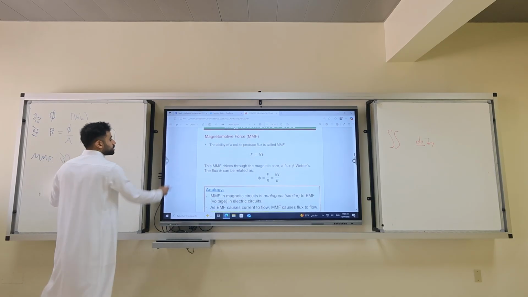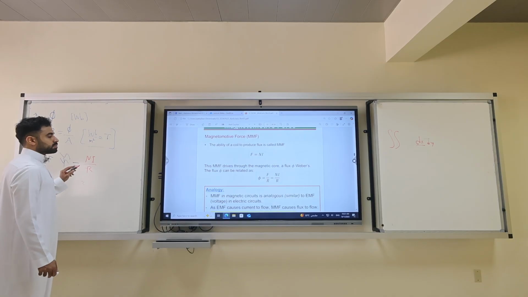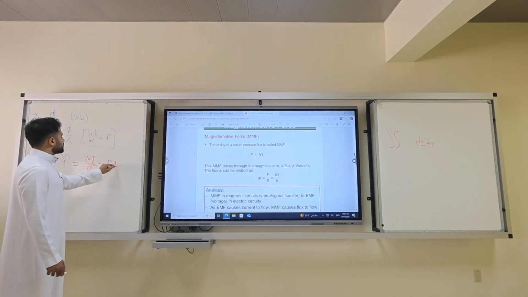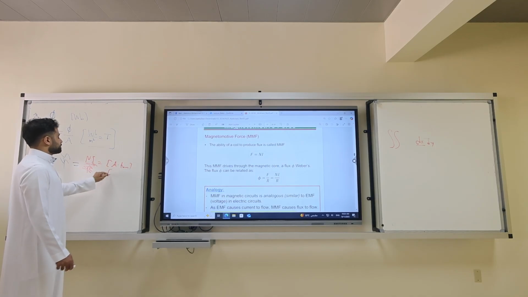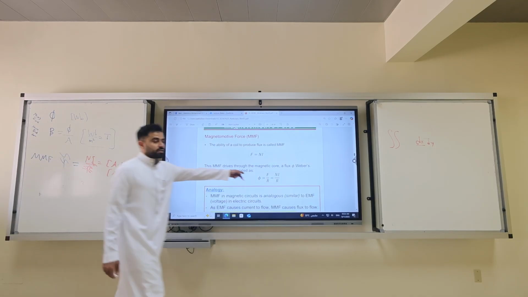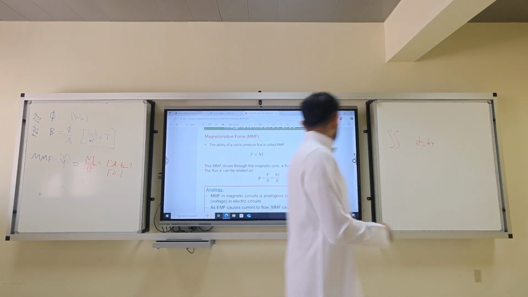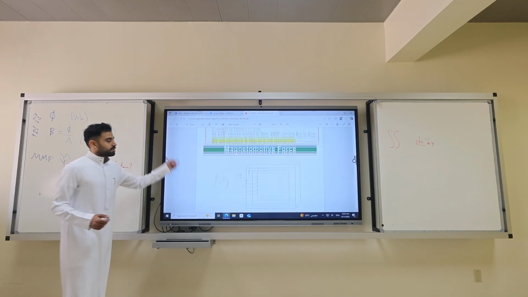Forget it. No, there is no R. It's Ni. So its unit is what? Amps times turns, or AT. This is the flux. The flux divided by that. Okay, this is Ohm's law. Now, get it?